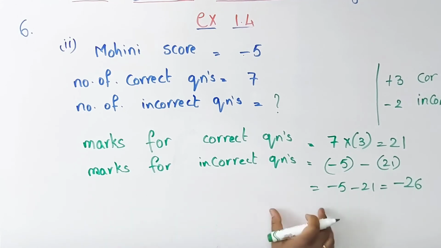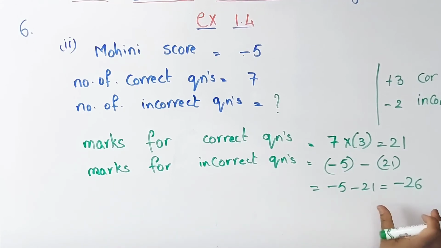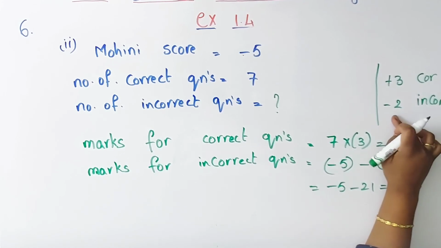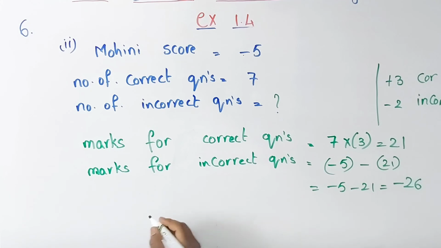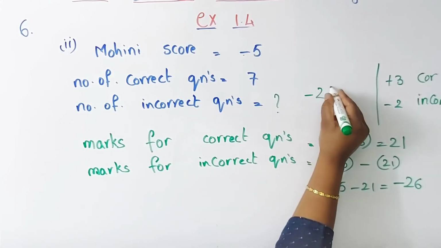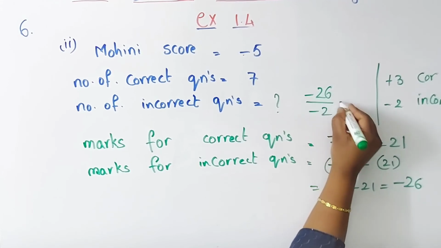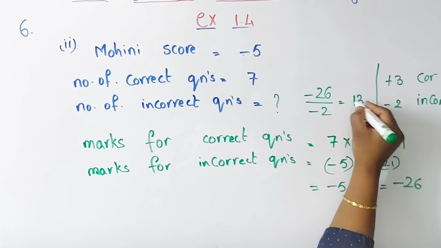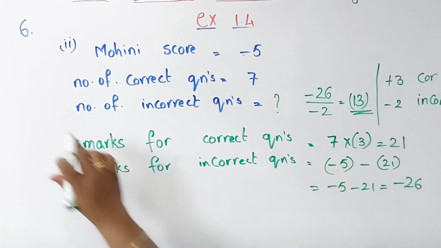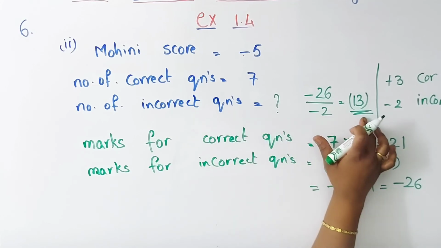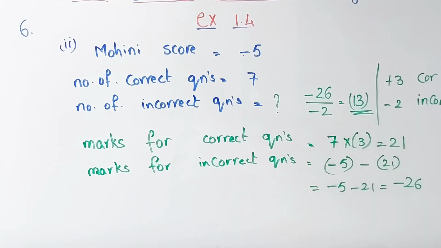For one question they are subtracting 2 marks, so the number of incorrect questions is -26 divided by -2. Both are negative integers. 2 13s are 26, children. So how many questions did Mohini attempt incorrectly? It is 13 questions, children.